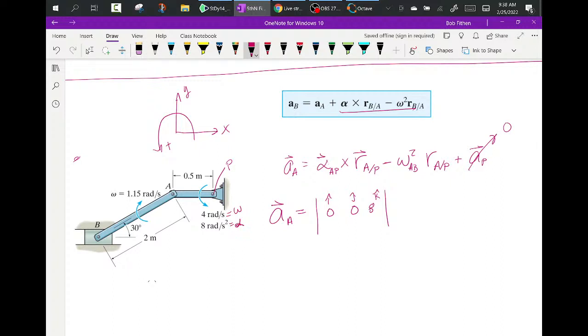Now, your R vector goes from here back to here. In other words, you see it twice here. See this vector here and here, and it is a vector that starts at P, puts the arrowhead at A, and it becomes R_AP, which is equal to minus 0.5 times I, and that's it.